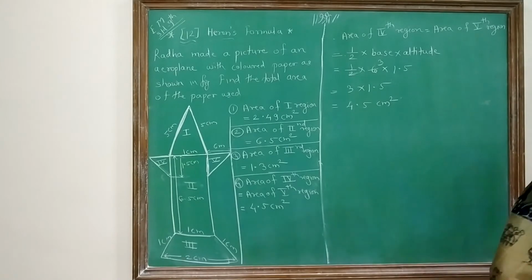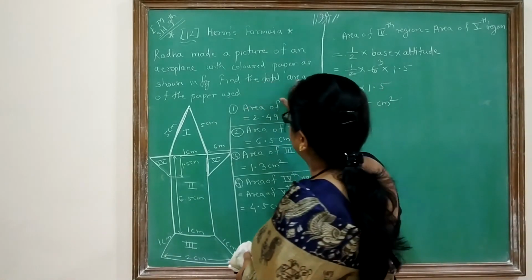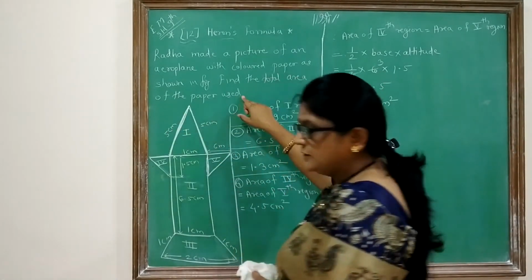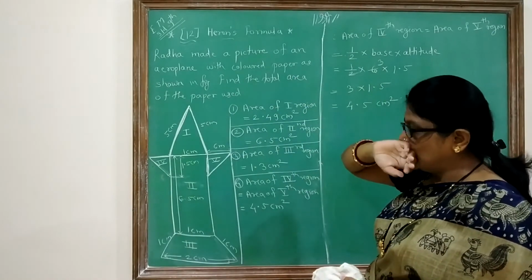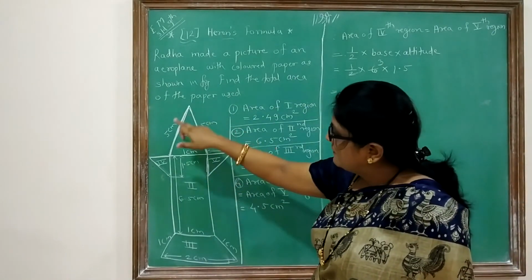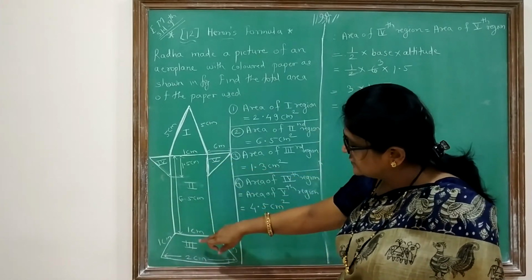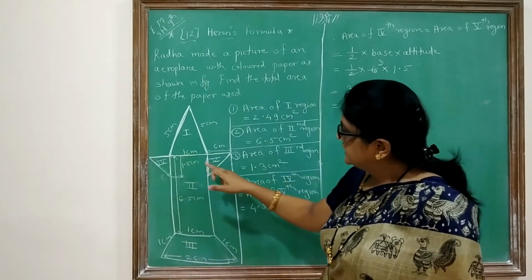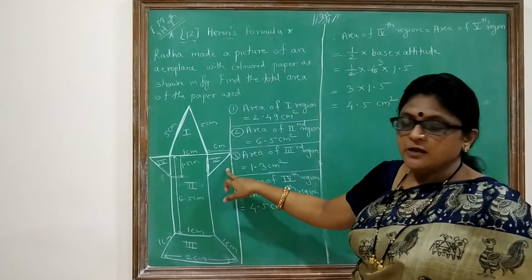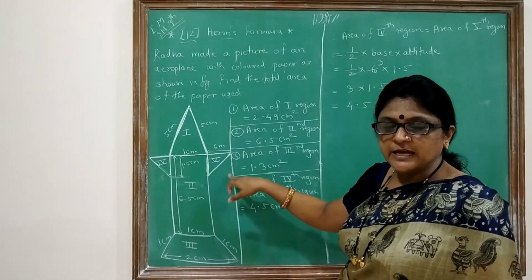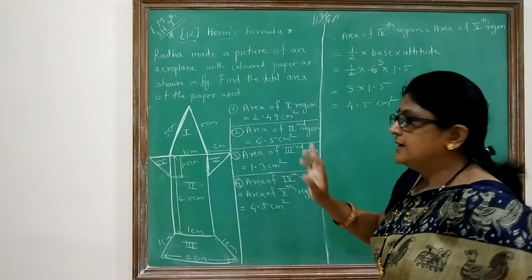Then your question is what? Find the total area of the paper used. Total area means what? Area of first region plus area of second region plus area of third region plus area of fourth region and area of fifth region. Means you will put here the values and you will get the total area.